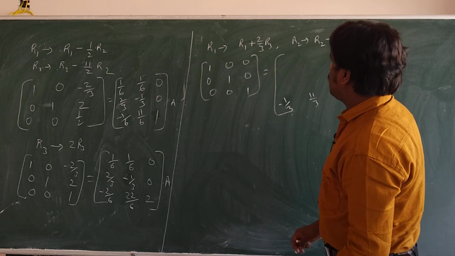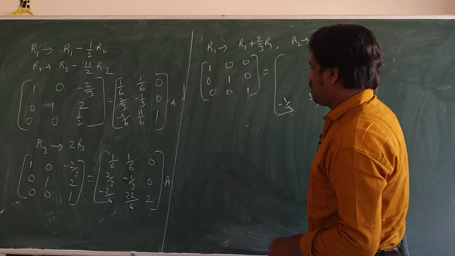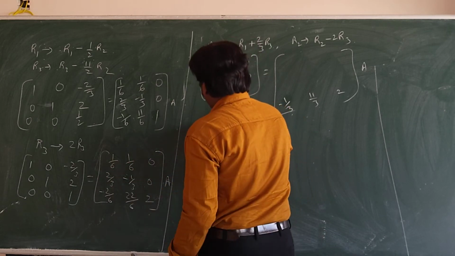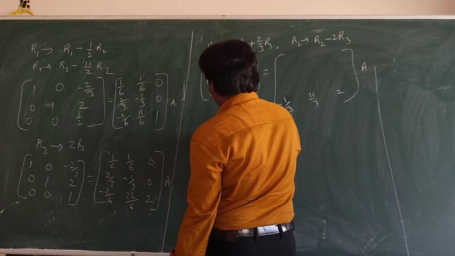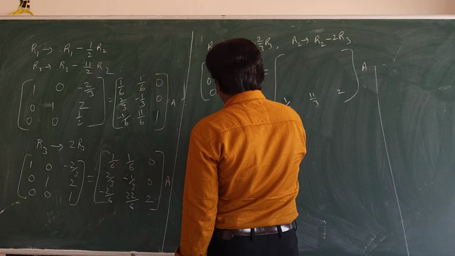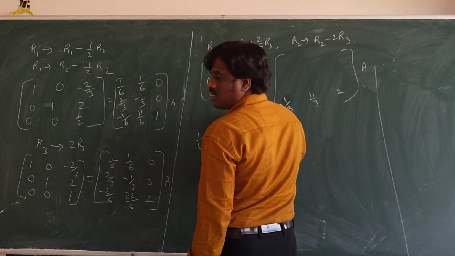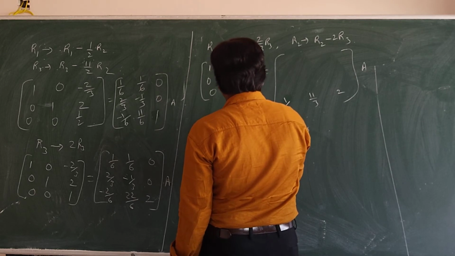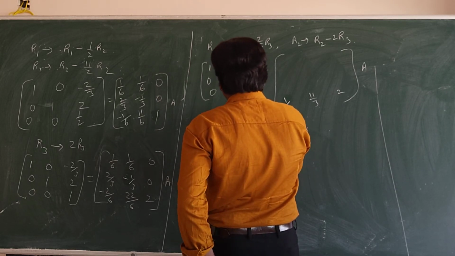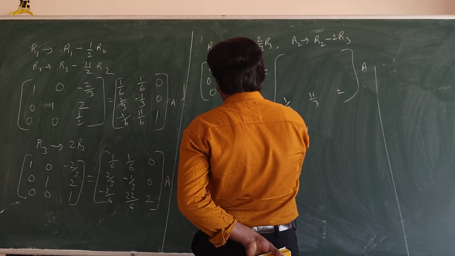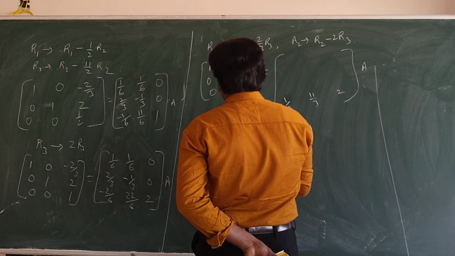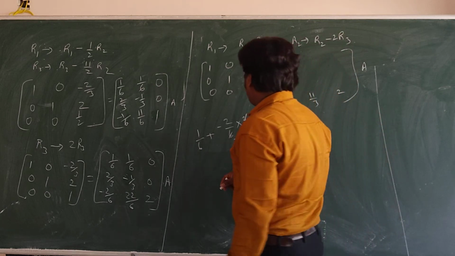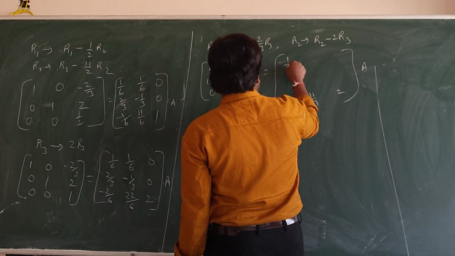R1 means 1 by 6 plus this one, 1 by 6 plus minus 2 by 6 into 2 by 3. Right? 2 ones, 2 threes. Minus 1 by 18. Sure? Yes, minus 1 by 18.